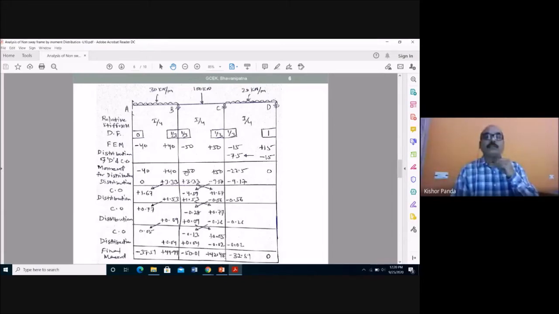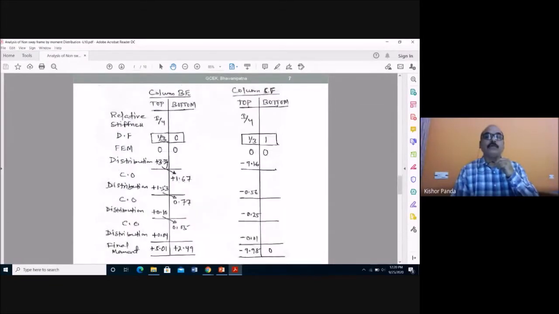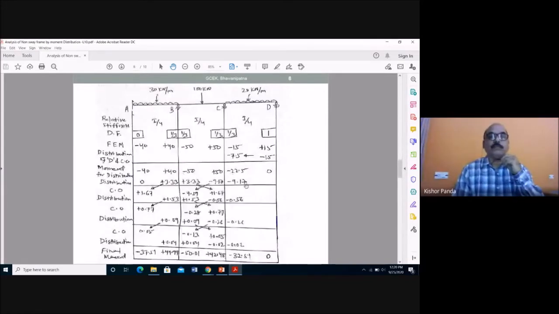So minus 10 into 1 by 3, you put here opposite sign plus, and minus 10 into 1 by 3, opposite sign plus. Then for the vertical member also 1 by 3, minus 10 into 1 by 3, and you put here the opposite sign. So this is the balancing of the unbalanced moment.